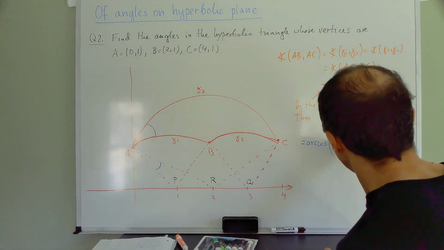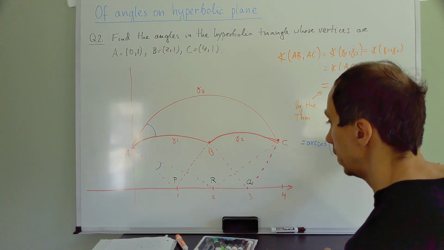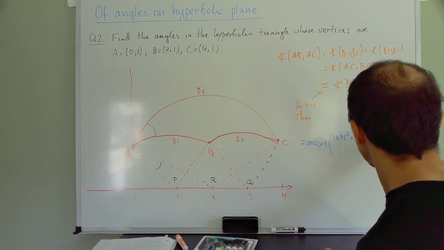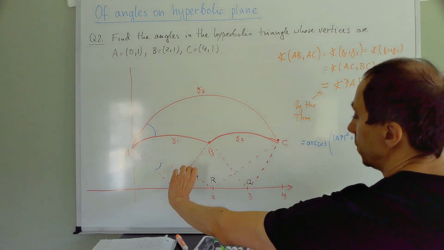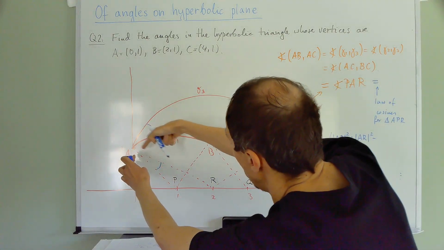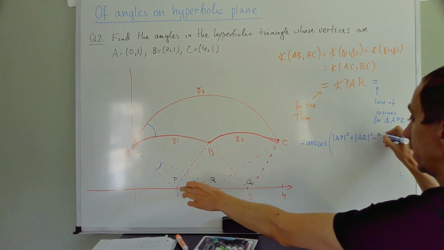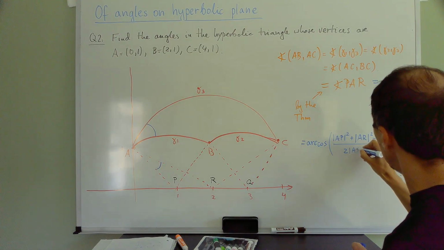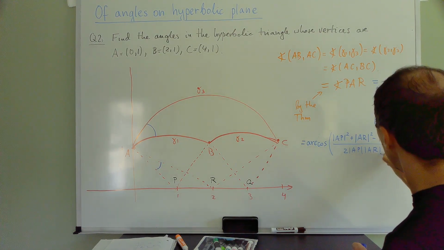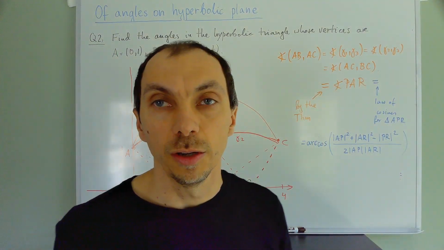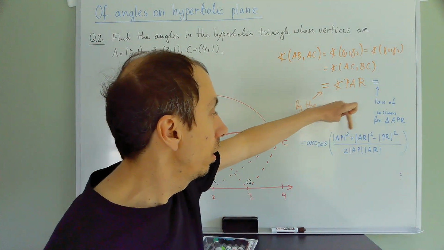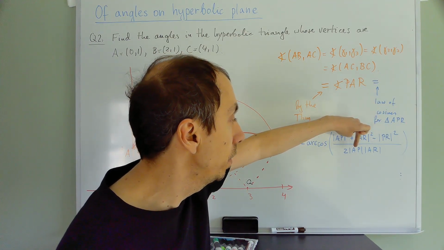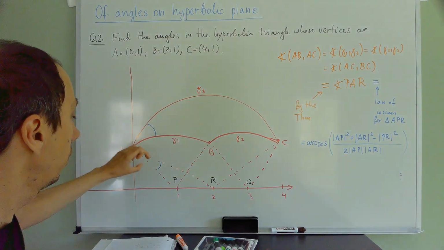So that's AP squared plus AR squared minus PR squared, divided by 2 AP AR. Again, the law of cosines on the plane tells you that AP squared plus AR squared minus PR squared is equal to 2 AP AR times the cosine of this angle.